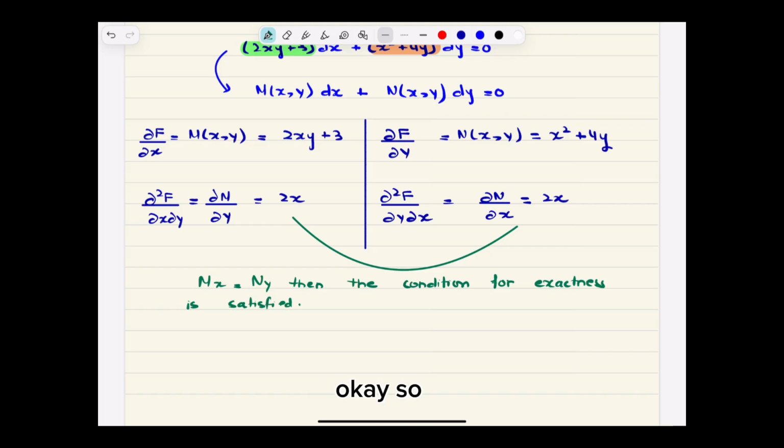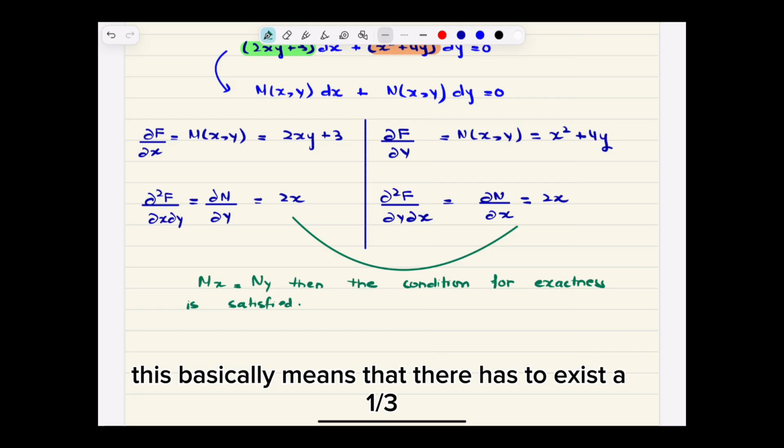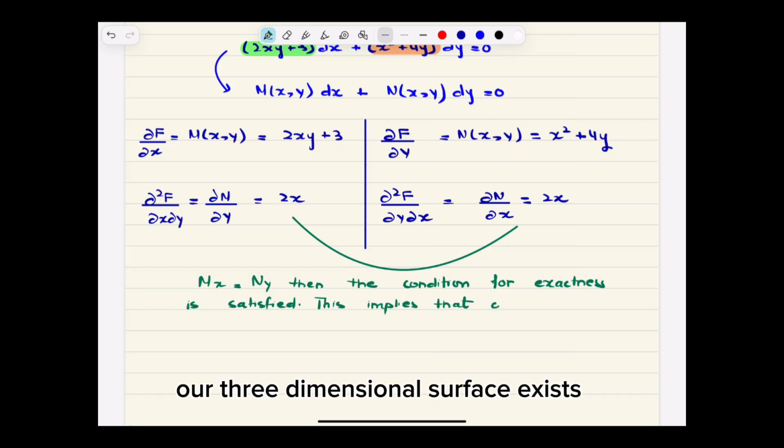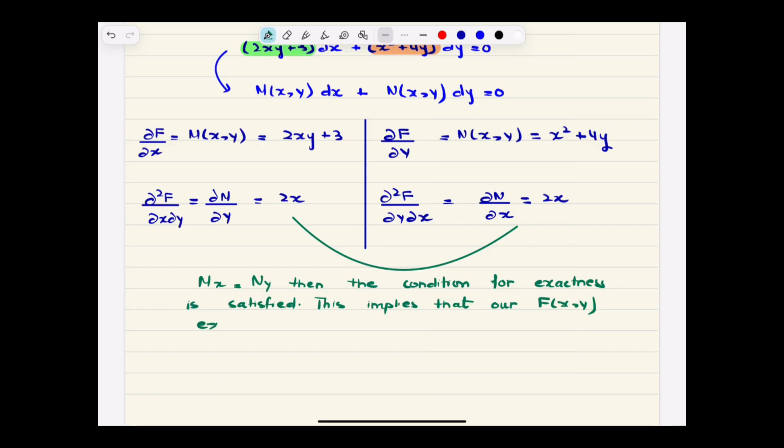Okay, so this basically means that there has to exist a three-dimensional surface. So this implies that our three-dimensional surface exists.